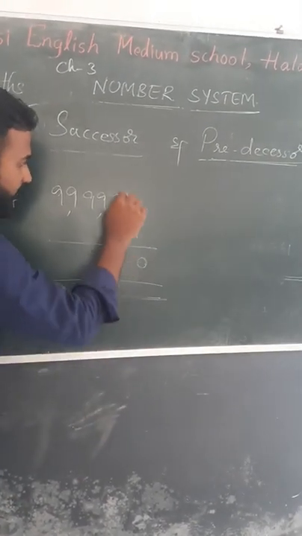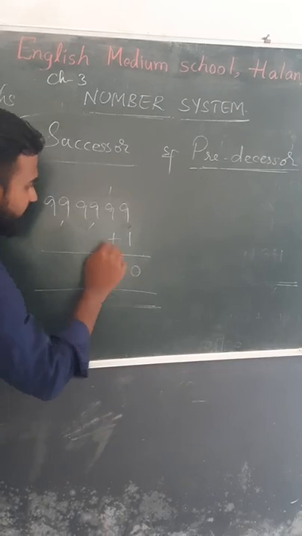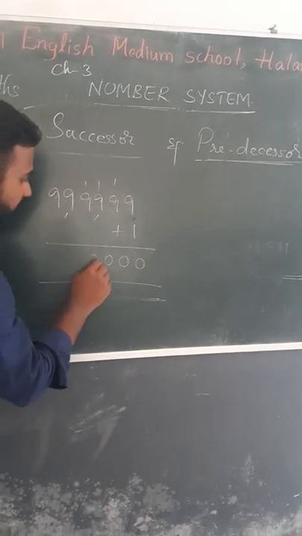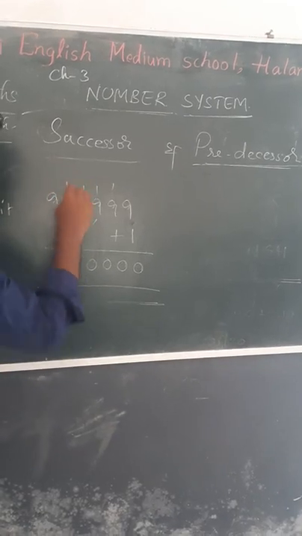I'm writing 0, carry 1, 0, carry 1, and so on.